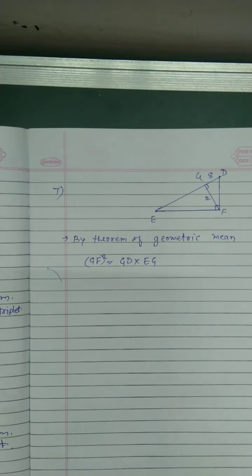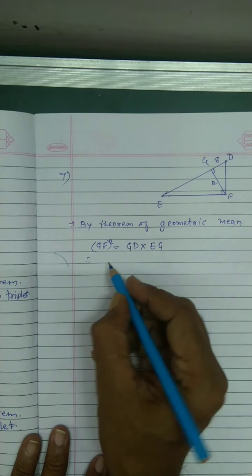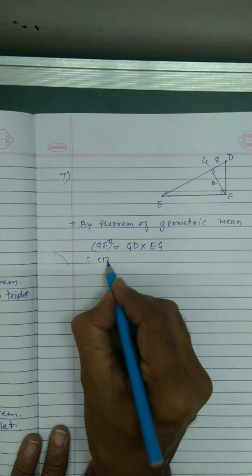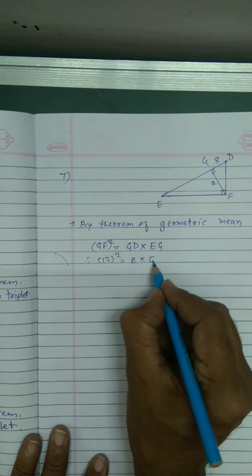Hence we get GF, which is 12, square is equal to GD, which is 8, into EG.